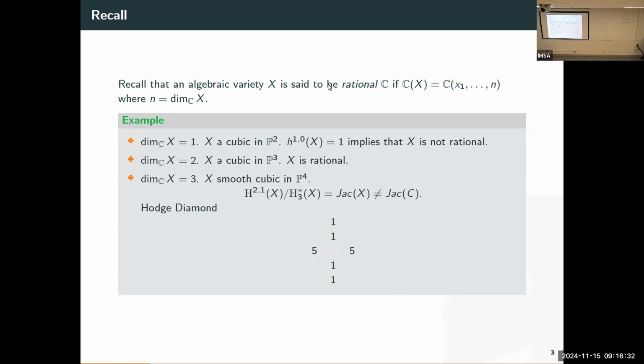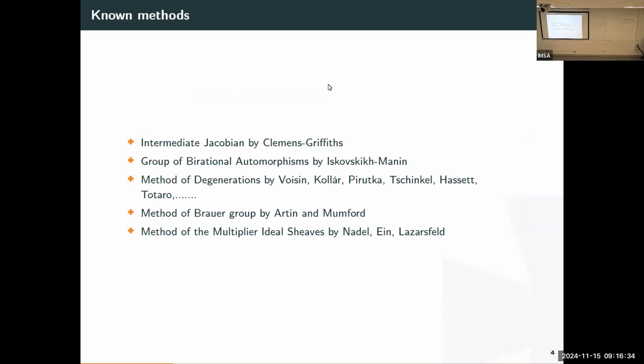So there are many different methods for studying non-rationality that were developed by different people. Of course, there was the method of intermediate Jacobian, which I already mentioned. Approximately at that time, a method a little bit more related to the minimal model program, studying the group of birational automorphisms, was developed by Iskovskikh and Manin.